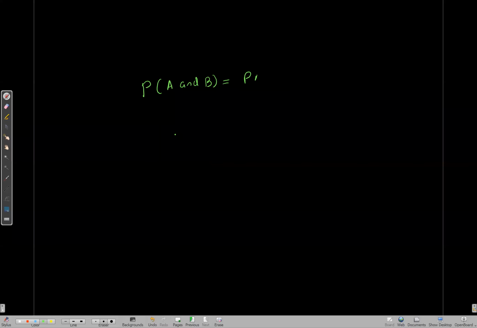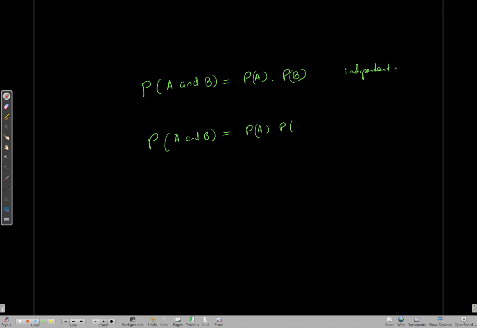P(A and B) is going to be P(A) times P(B) if the events are independent. That means if you have two totally different events that have no connection between each other, in that case this is the formula. But if not, for example, if they are dependent, in that case we have this formula.